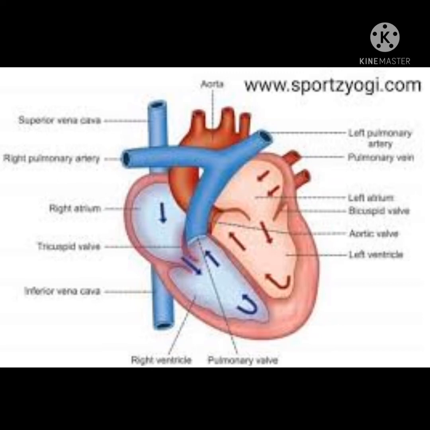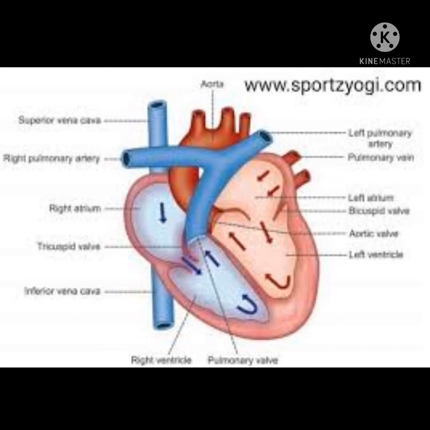Mostly the right part receives only deoxygenated blood, and the left part receives oxygenated blood from the lungs to transport to the whole body with the help of veins, capillaries and arteries.